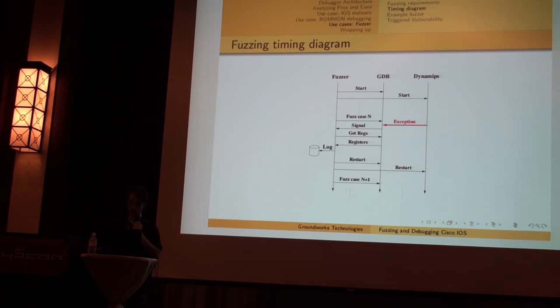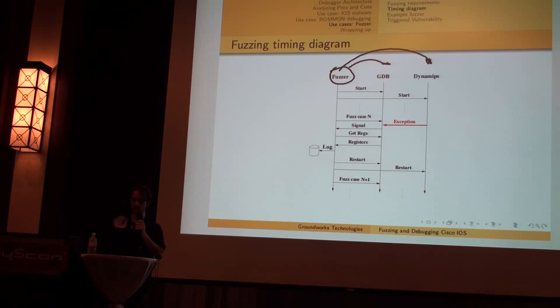Okay, so I made a very little fuzzing framework for Cisco. It's actually very basic. You can see here the fuzzer is a Python script. It's only 100 lines. You start GDB, start Dynamips, and basically start launching. This is an FTP fuzzer, because it's the easiest protocol and only for a demonstration.